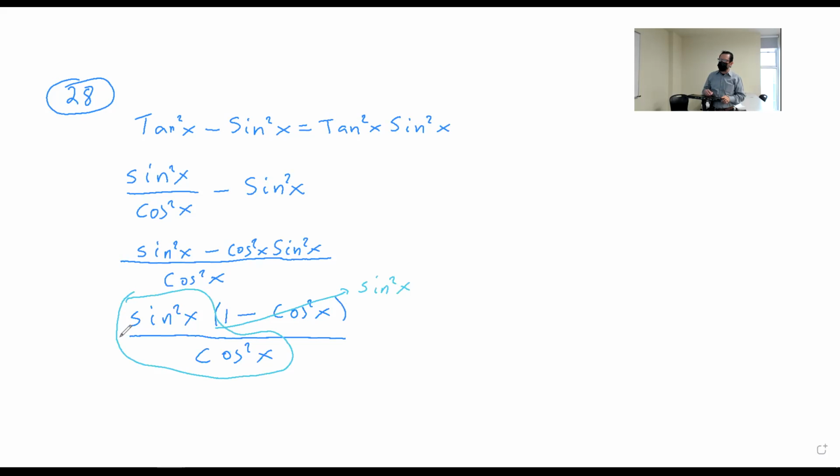This is going to give us tangent squared. And that gives us the result we want, which is tangent squared of x multiplied by sine squared of x.